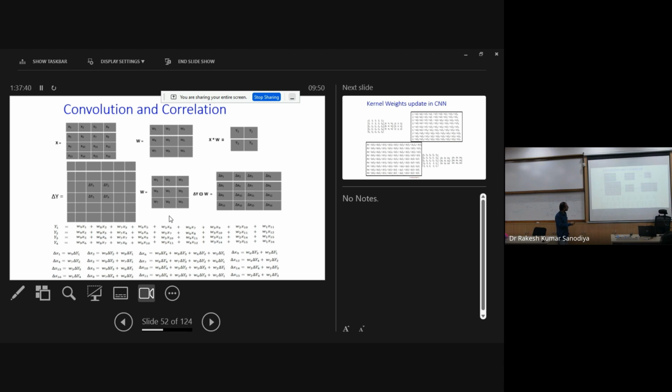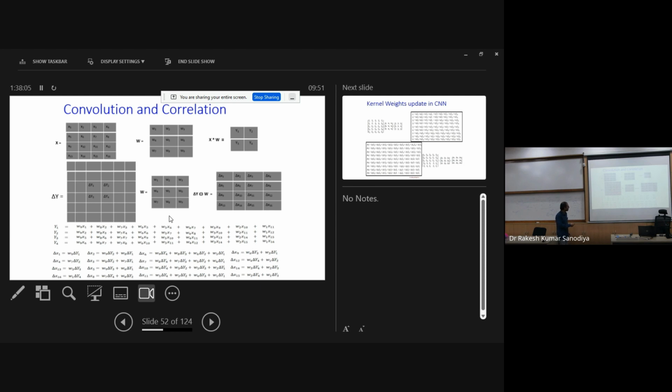Delta y1 into w2, plus delta y2 into w3, plus delta y3 into w5, plus delta y4 into w6. That's all. That is delta x10.